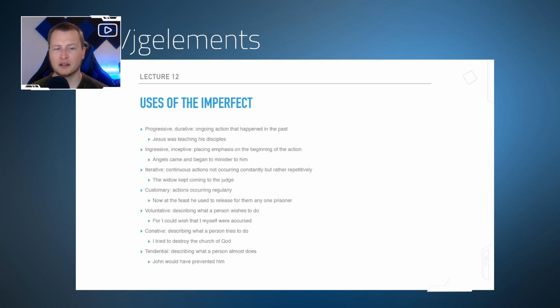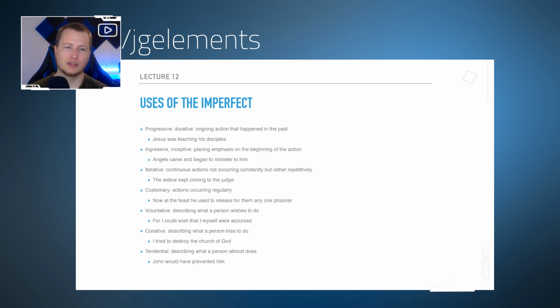There's the conative, where it describes what a person tries to do. I tried to destroy the church of God. And then there's the tendential, describing what a person almost does. John would have prevented him. Okay, so these are all different uses of the imperfect.